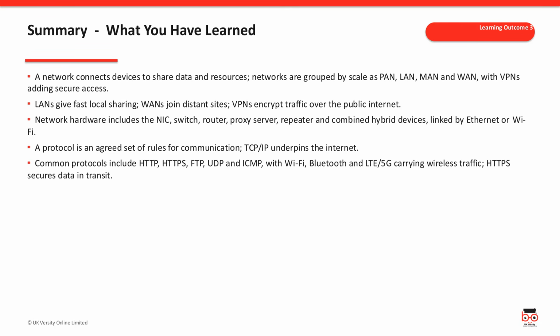The hardware includes network cards, switches, routers, proxy servers, repeaters, and combined hybrid devices linked by Ethernet or Wi-Fi. And a protocol is simply an agreed set of rules, with TCP/IP underpinning the Internet and the likes of HTTP, HTTPS, FTP, UDP, and ICMP each doing their bit, while HTTPS keeps your data safe in transit.